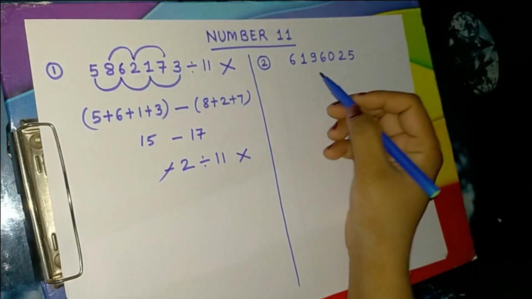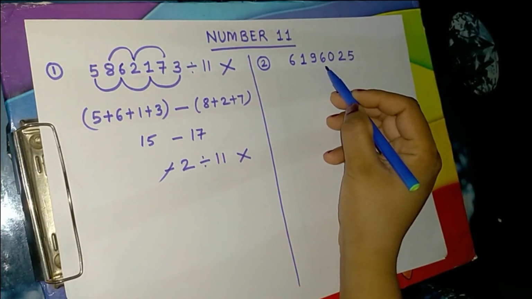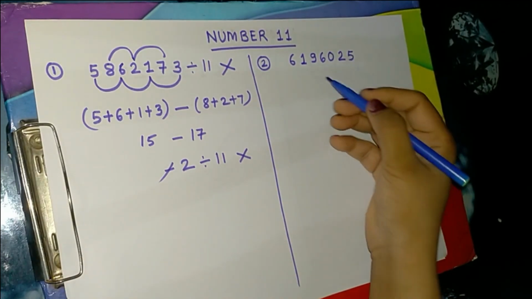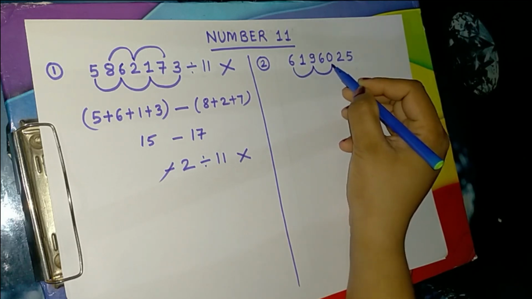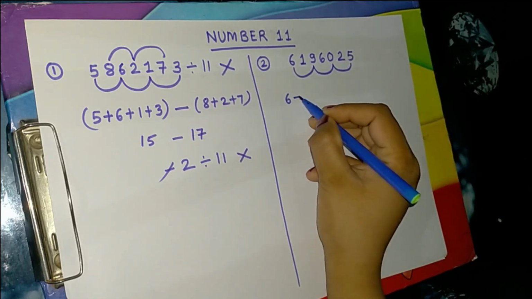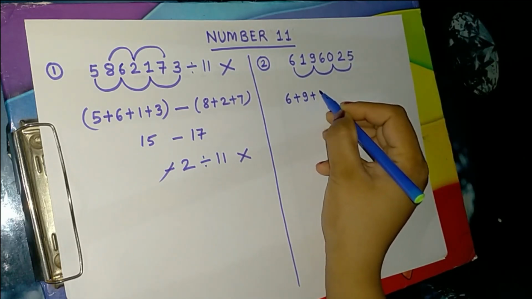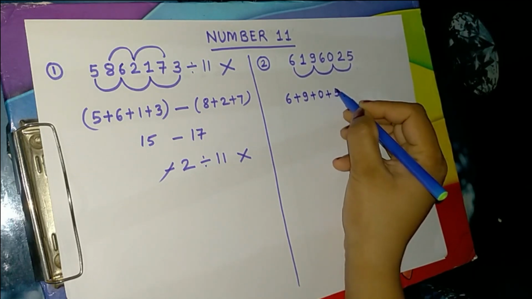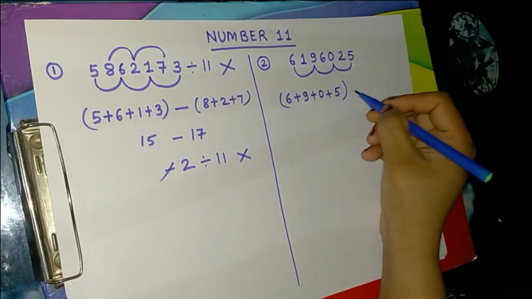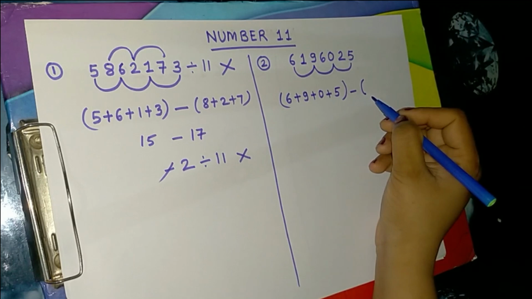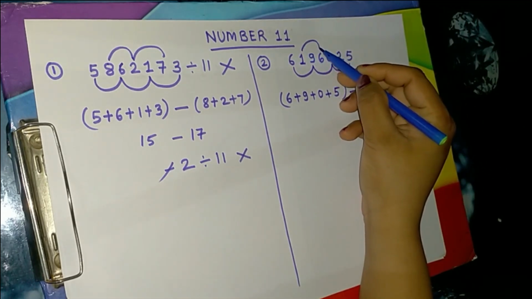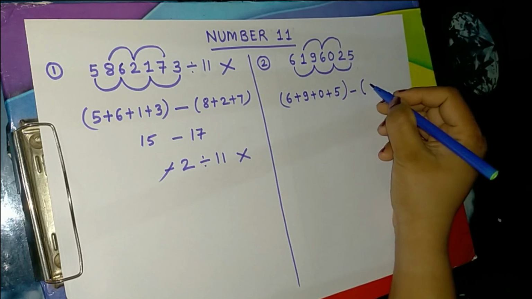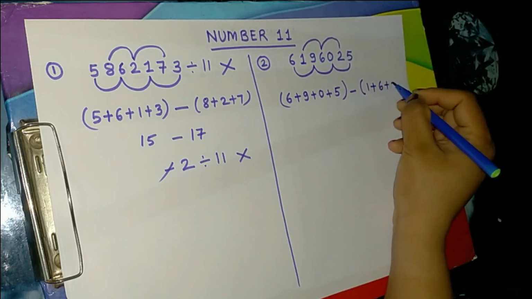Our second example is 61,96,025. Again we need to add all the digits present at odd positions. So here in our case we need to add 6 with 9, then 0, then 5. We need to subtract this sum from the sum of the digits present at even places. In our case it is 1, then 6, then 2. So here 1 plus 6 plus 2.